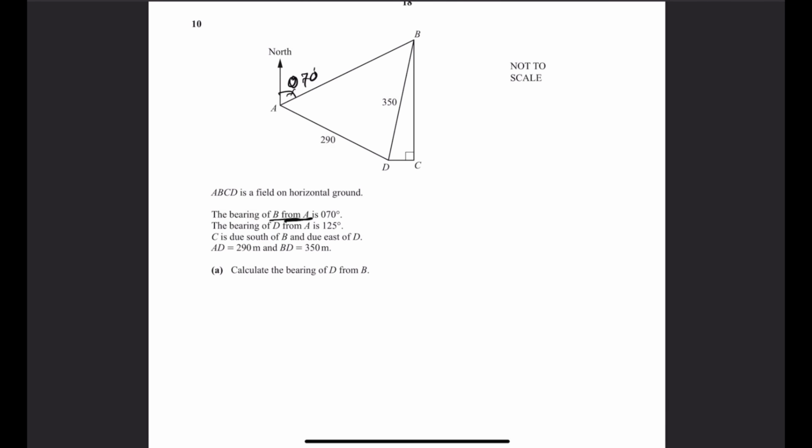I mean, the DA line makes 125 degree with the north line. C is due south of B and due east of D.